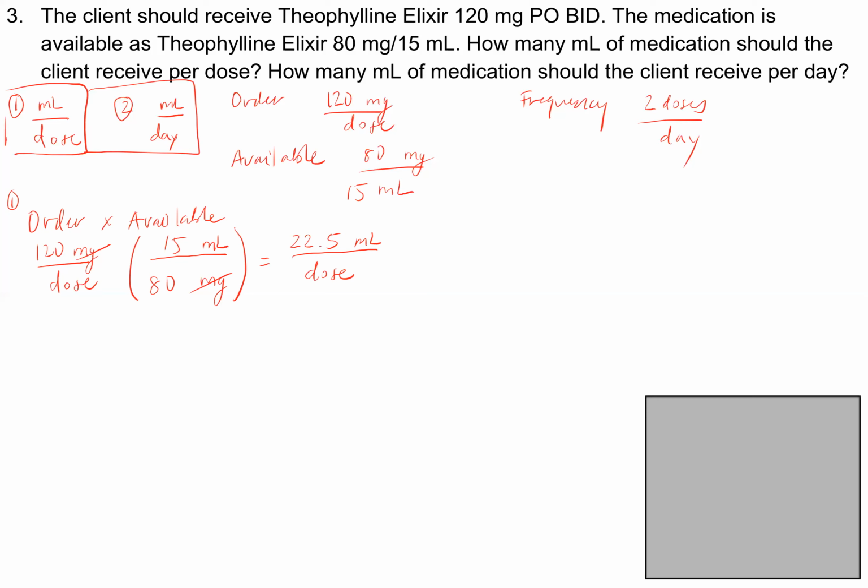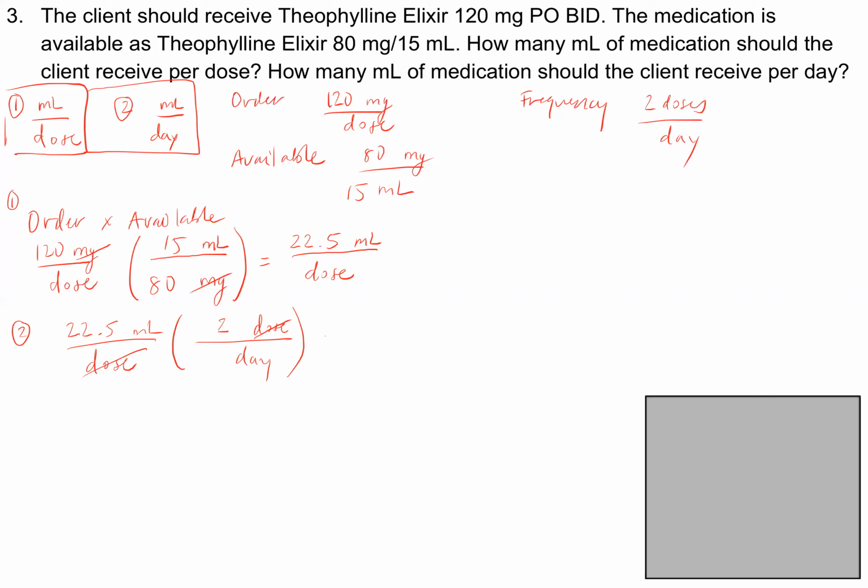However, we're still looking for the second half, which is milliliters per day. So I'm going to go ahead and bring this down, 22.5 milliliters per dose. They give us our frequency, which is 2 doses per day. You want dose in the numerator, day in the denominator, so the doses will cancel.